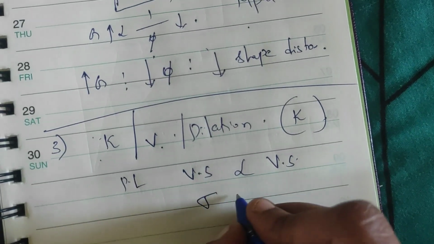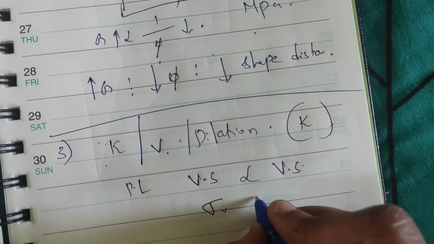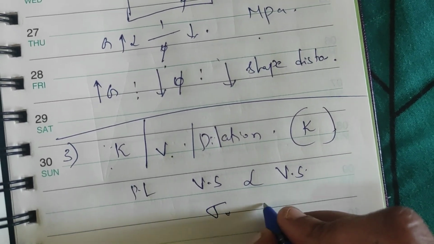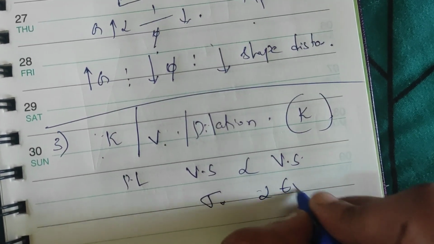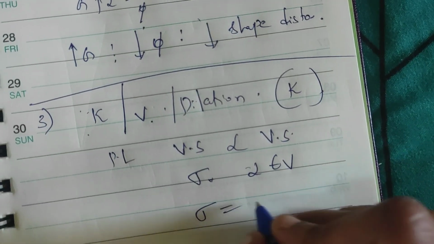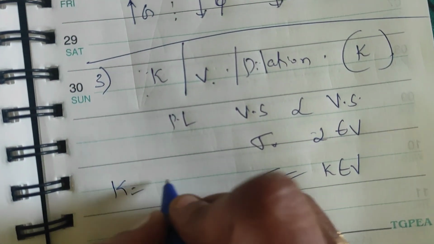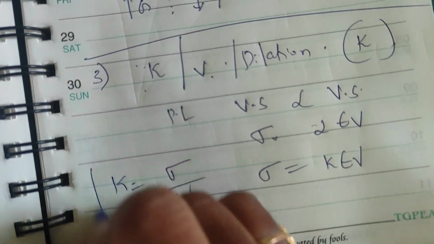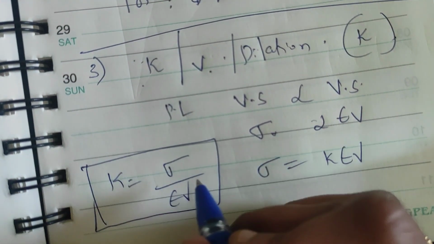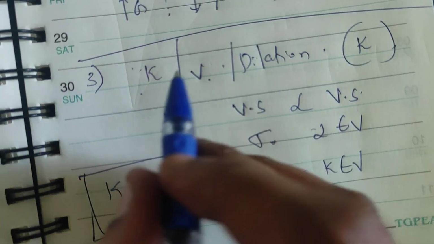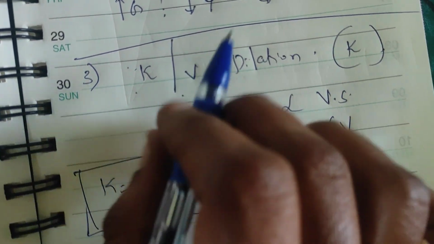Volumetric stress means sigma V, which is directly proportional to EV, and sigma V is equal to K EV. Here K is equal to sigma V by EV. This is the bulk modulus, and K is used to determine the volumetric strain or change in volume theoretically.